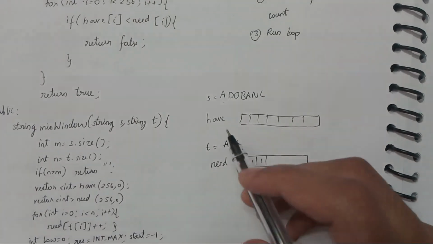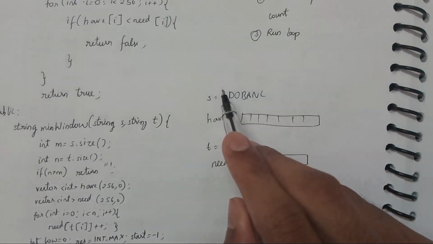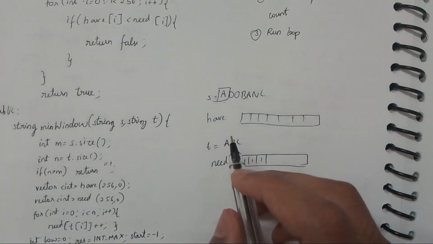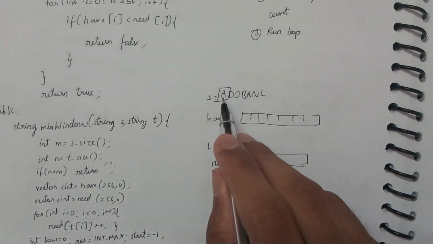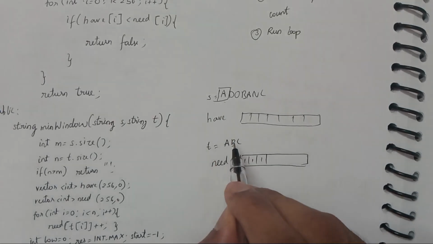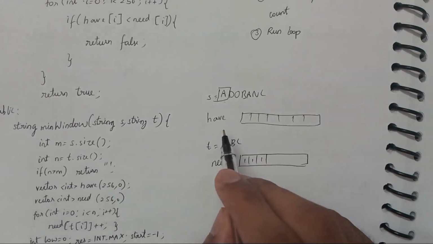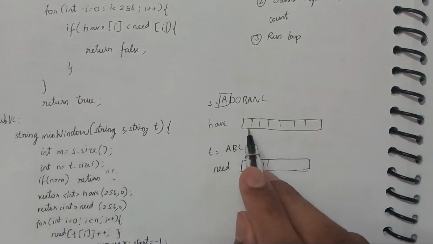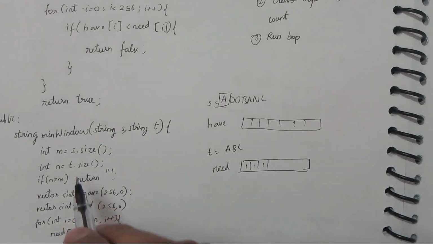Since we are running from A to C, initially our window will be A. Now for every iteration we need to check whether ABC can be formed from the given window. To check that, we will create two hash maps, or instead of hash maps we just create arrays of size 256, and we initialize everything with 0.